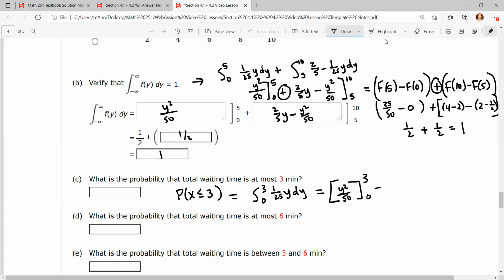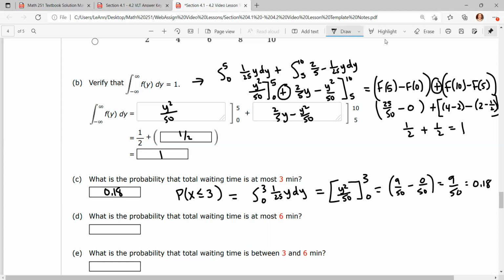And we're going to work out our fundamental theorem of calculus. That's going to be 9 over 50 minus 0 squared is still going to be 0 over 50. So 9 over 50 divided into a decimal would be 0.18 for this first one right there.